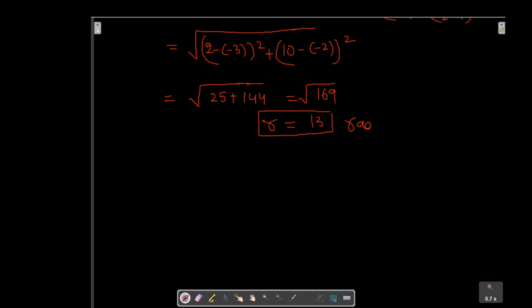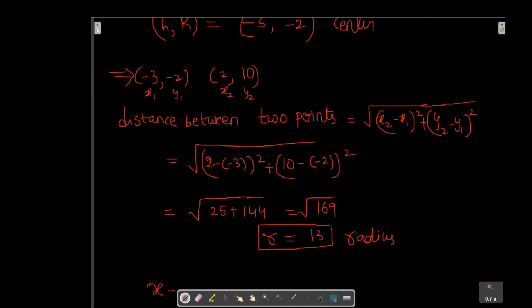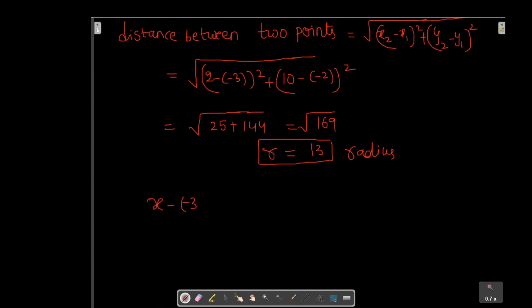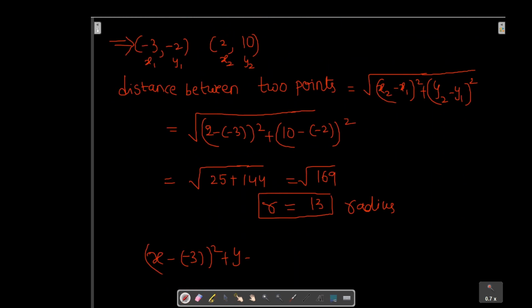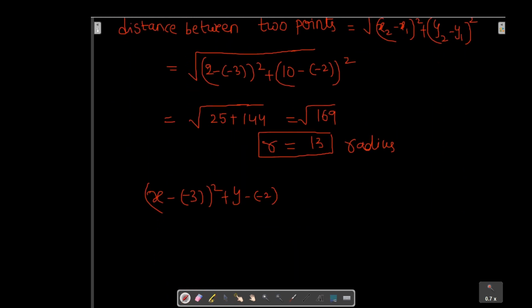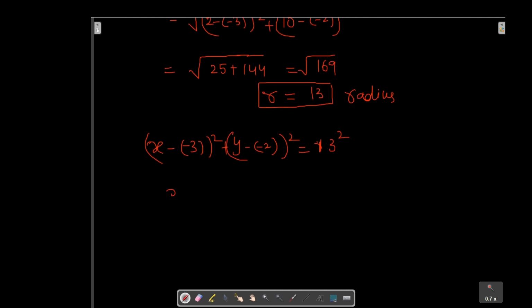and radius 13. Now we can write the equation of the circle as x minus h, which is negative 3, whole square plus y minus k, which is negative 2, whole square equals r square, which is 13 square. (x plus 3) whole square plus (y plus 2) whole square equals 13 square, which is 169.